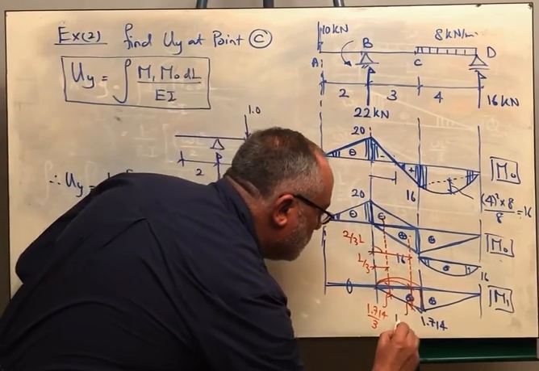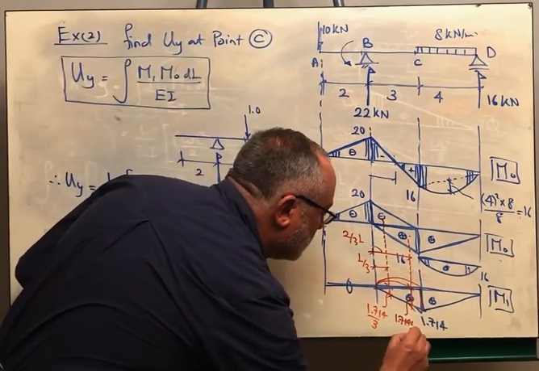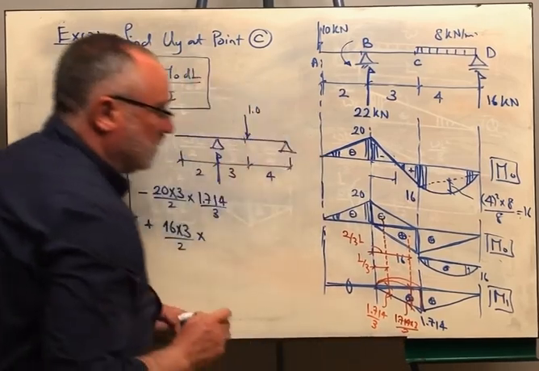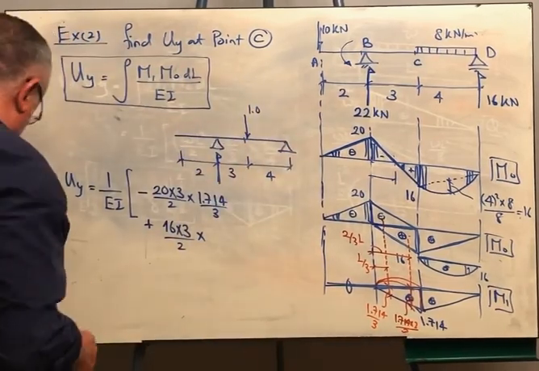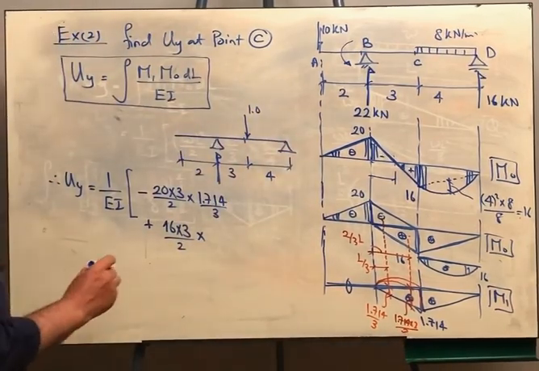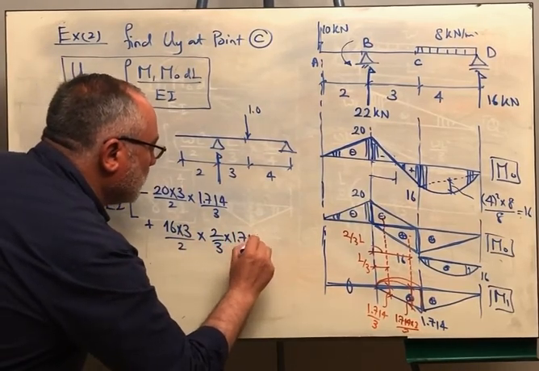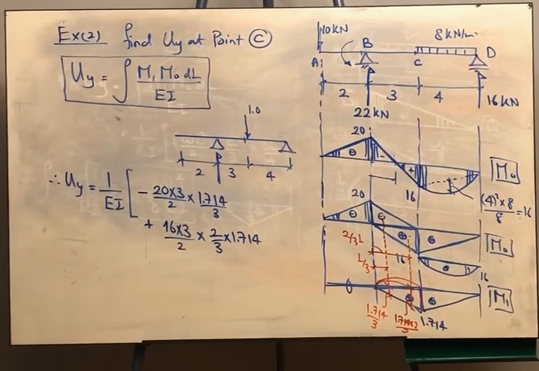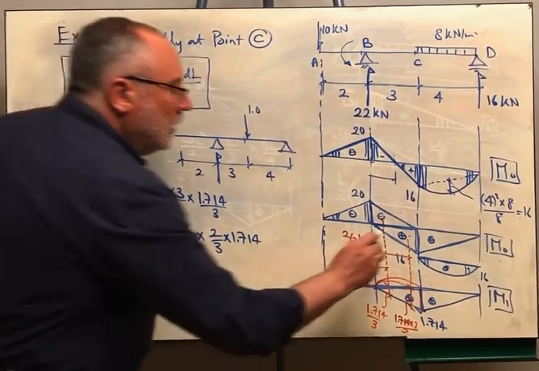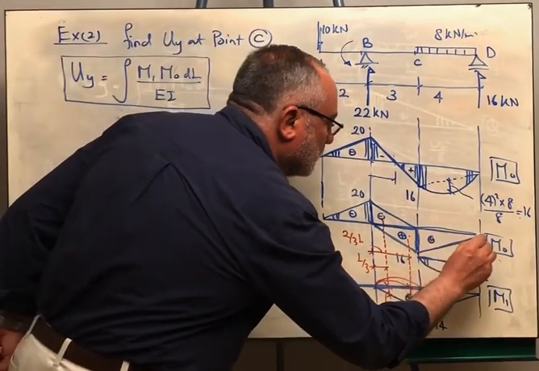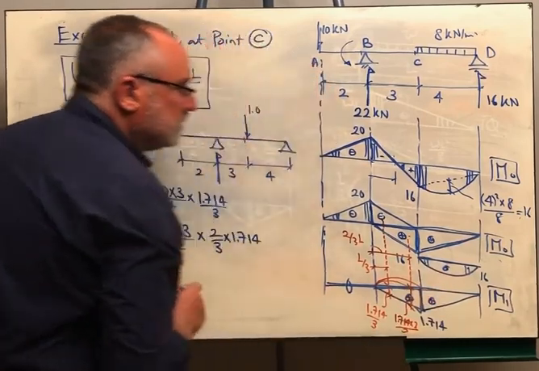This value should be 1.714 times 2 over 3. Therefore this will be 2 over 3 times 1.714. Okay? Then we are integrating the triangle on the triangle.